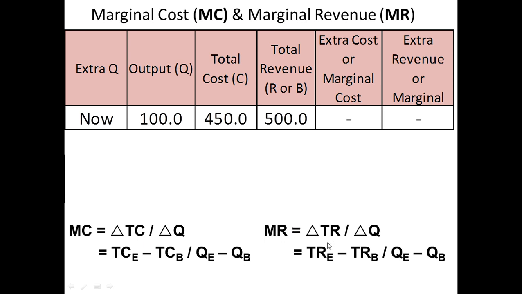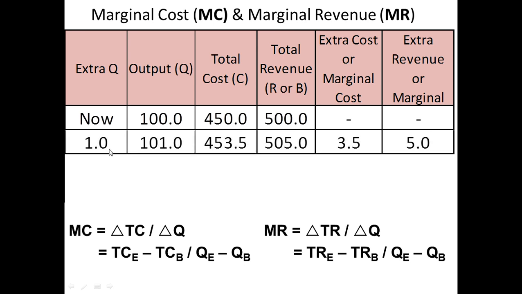Okay, when you see this, look at the table. For example, I want to increase my production by 1 unit, from 100 to 101. If I increase my production by 1 unit extra, I pay extra total cost as well. However, because I have one more unit of output, when I sell it in the market, I get more revenue.